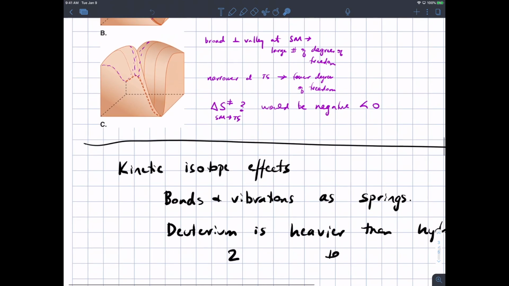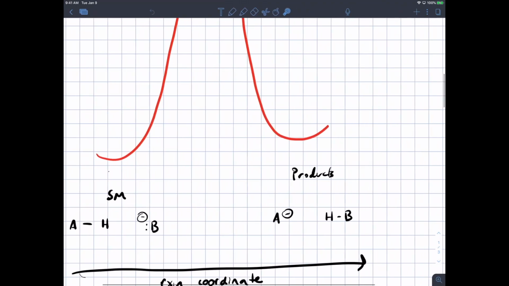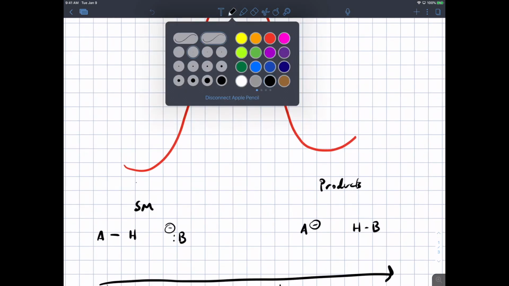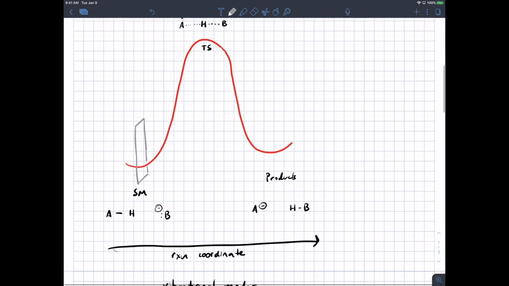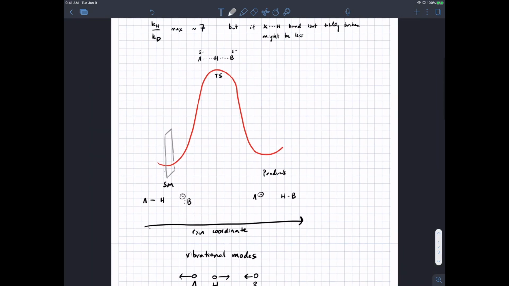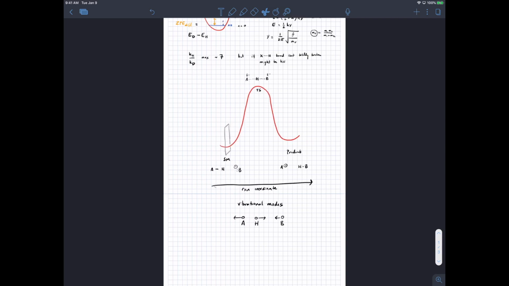So what this means is at each point along our reaction coordinate, we can take a slice in the perpendicular direction, and we should be able to see an energy well that corresponds to the vibrational modes available to the reaction geometry at that point.